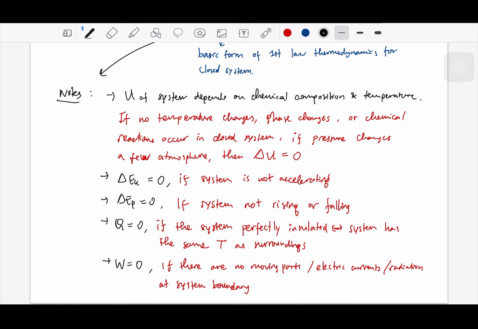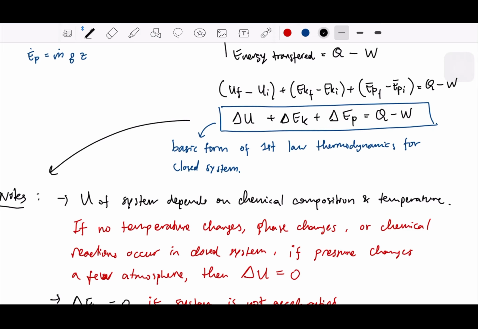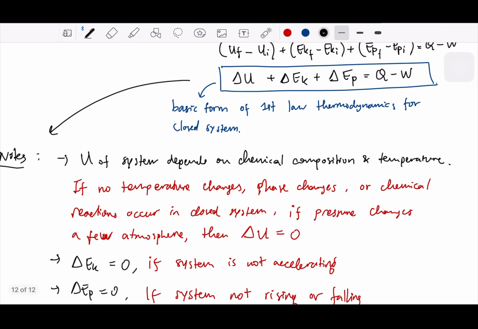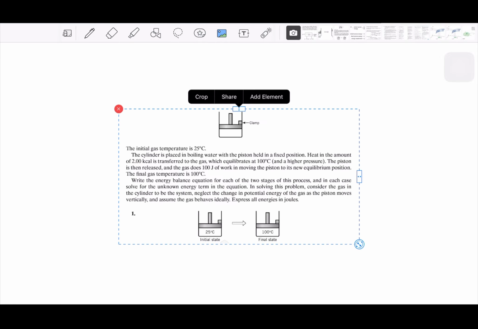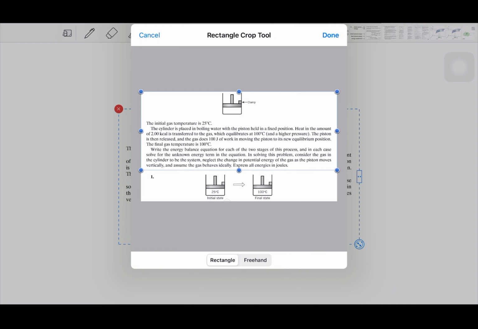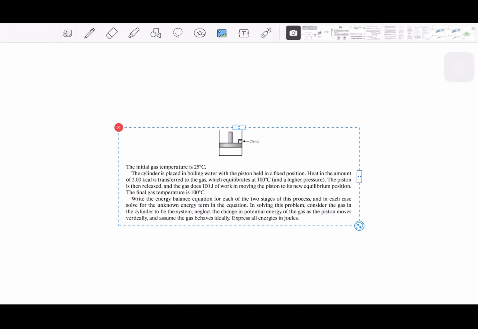Okay, to let you know how to apply these balance equations, let me give you an example.